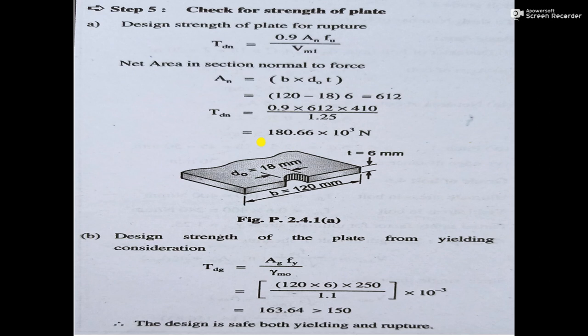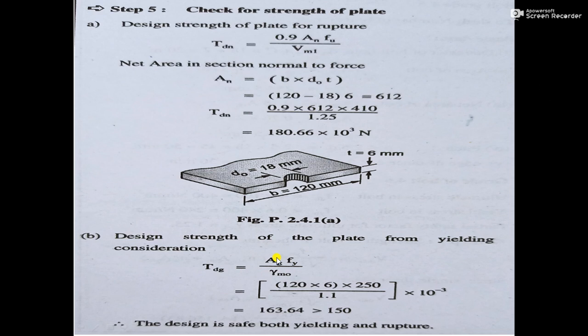It should carry a load of 150 kilonewton. See here, this plate carries a load up to 180.66 kilonewton, and we are only going to apply 150 kilonewton load. So the plate is safe for carrying the load of 150 kilonewton.